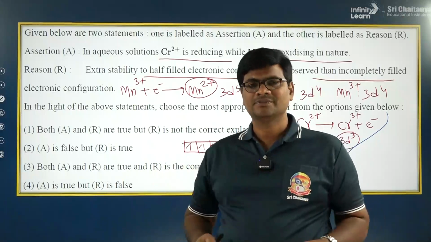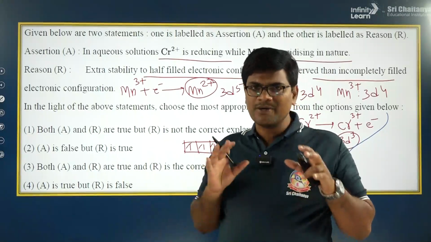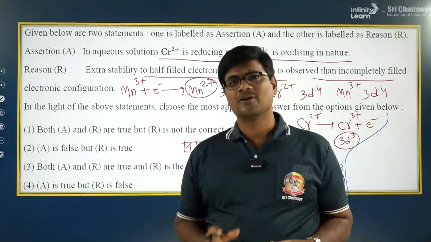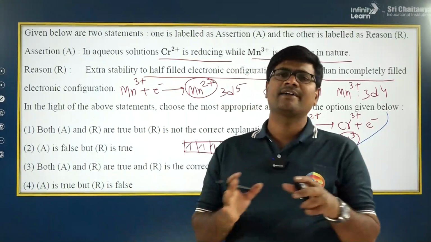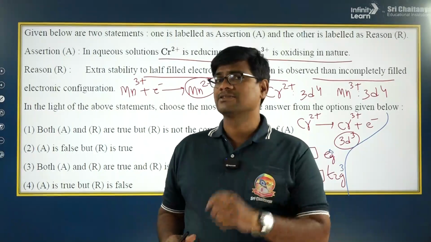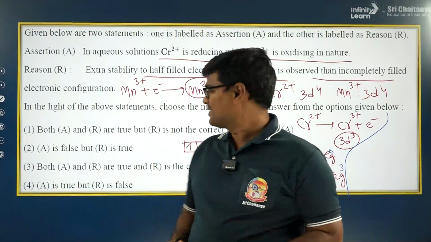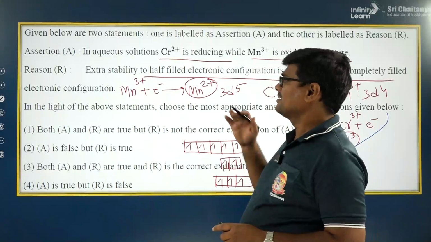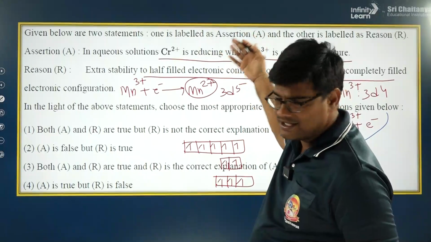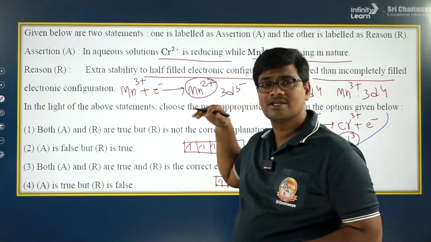It is a highly unstable state. The more stable state of chromium is plus 3, in fact, rather plus 6. Therefore, chromium 2 plus in aqueous solution acts as a reducing agent and manganese 3 plus in aqueous solution acts as an oxidizing agent. That's all. So, what is the right option? Aqueous solutions of chromium 2 plus reducing and Mn3 plus oxidizing is the right statement.